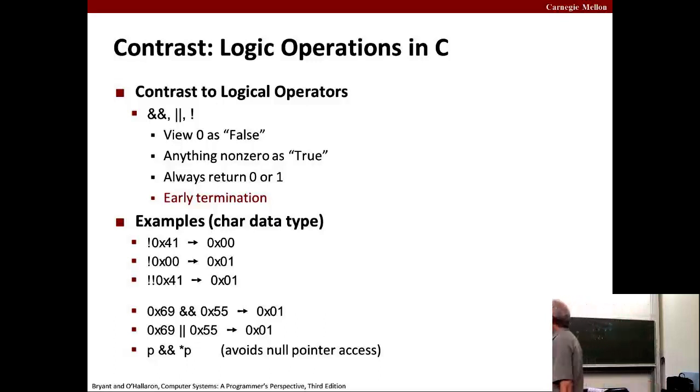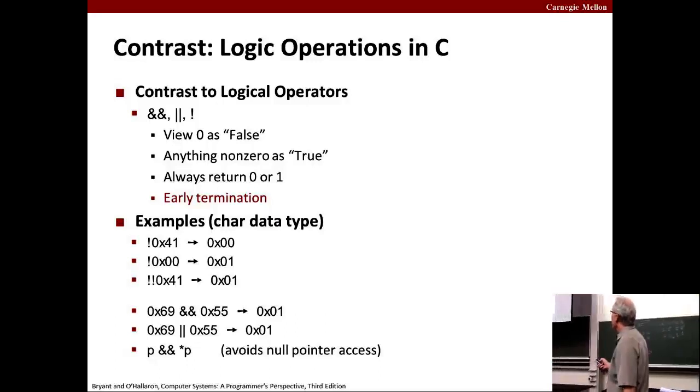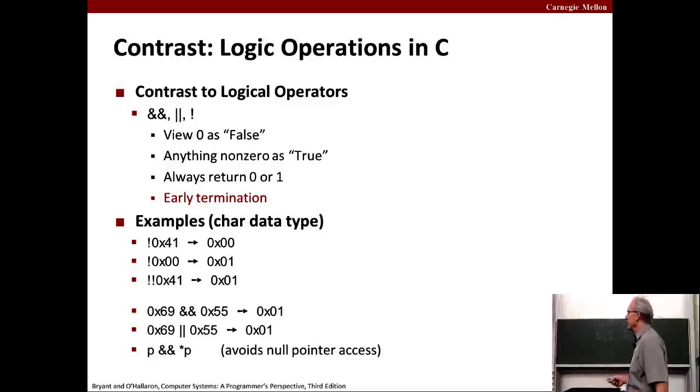So in particular, if we do some examples on the hex pattern 0x41, this is not 0, and so that's considered true in this interpretation, and so the bang of that, the not of that, is 0. And similarly, if you have 0, the not of that is 1. And if you apply bang to a number twice, you'll get back a 1 unless it was 0.